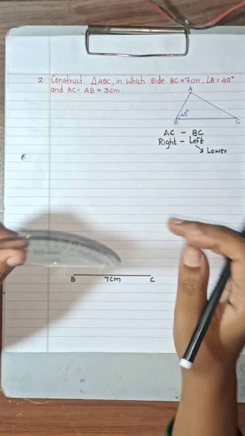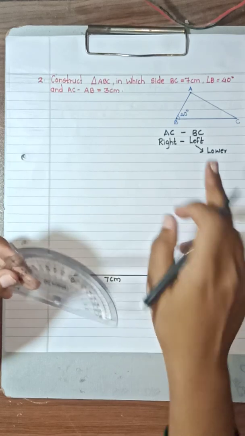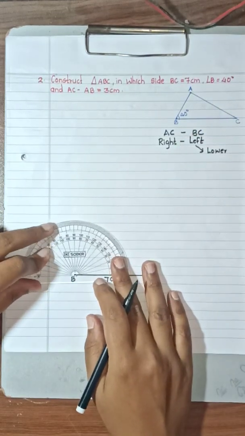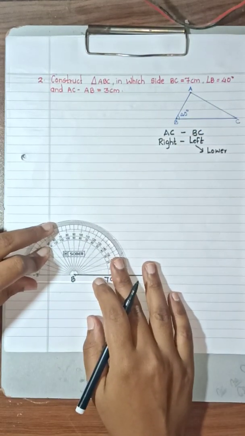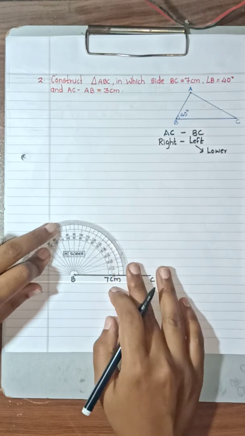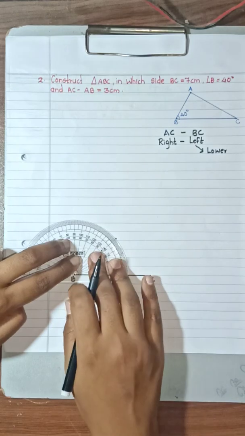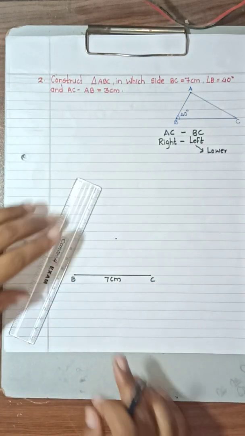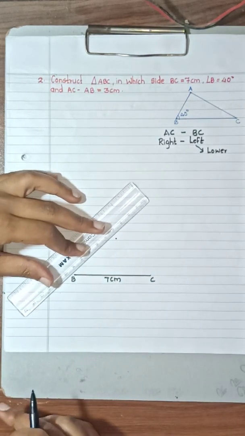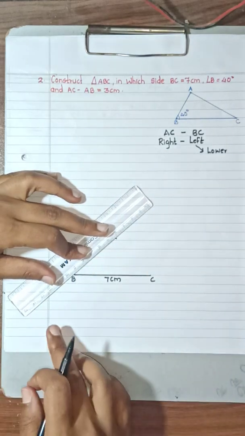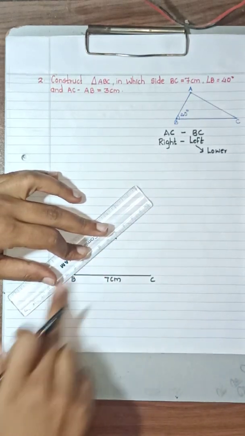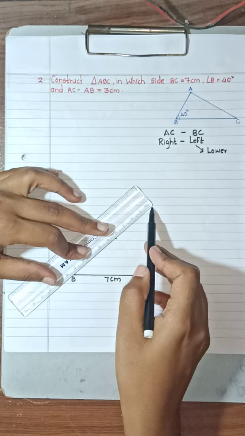Now you have to take an angle of 40 degrees with the help of a protractor. So I'll keep the protractor at point B and mark an angle of 40 degrees. When you're drawing this angle of 40 degrees, you will be drawing it below B also. Now just see how I am drawing it.